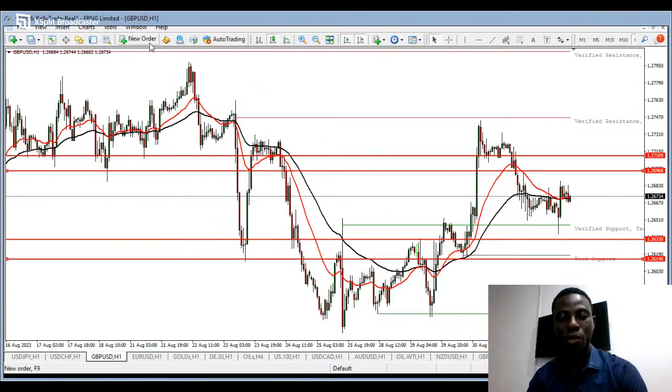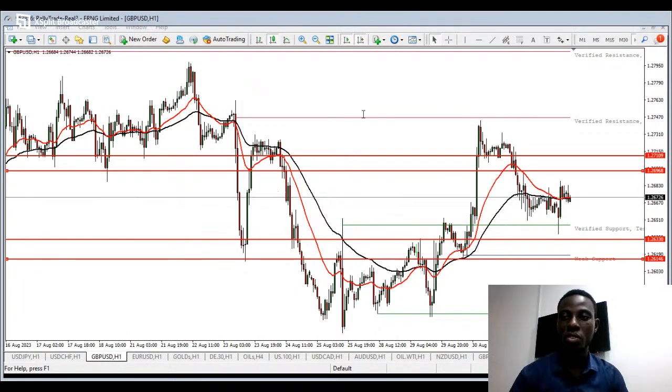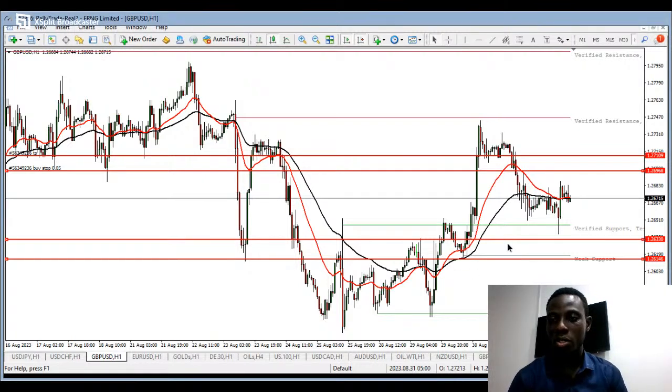Entry prices for GBPUSD. My entry for GBPUSD buy stop is at 1.26968, my take profit at 1.27109. Then I click on place. Then for my sell stop on GBPUSD, let me quickly adjust this.